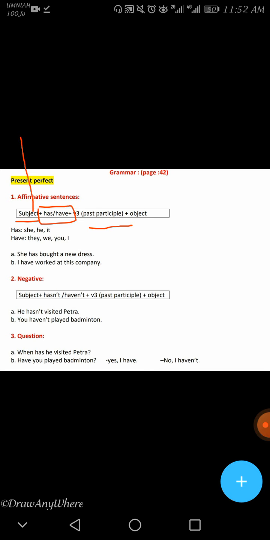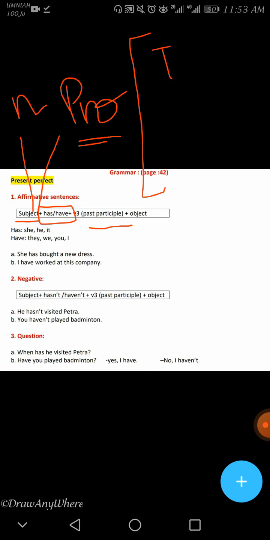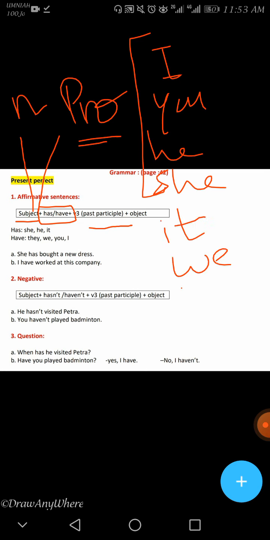Be careful: when I say subject, that means either a noun or a pronoun. When I say pronoun, I mean subject pronouns. Do you remember them? I, you, he, she, it, we, they. Those are subject pronouns. So the subject can be either a noun or a pronoun: I, you, he, she, it, we, you, they. Okay.